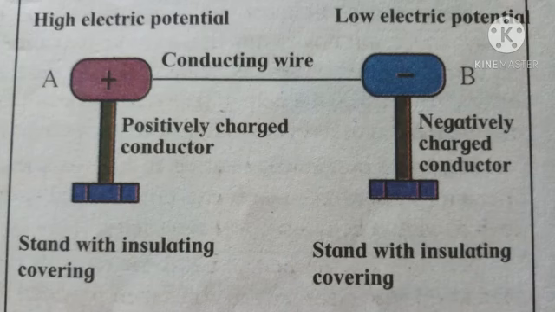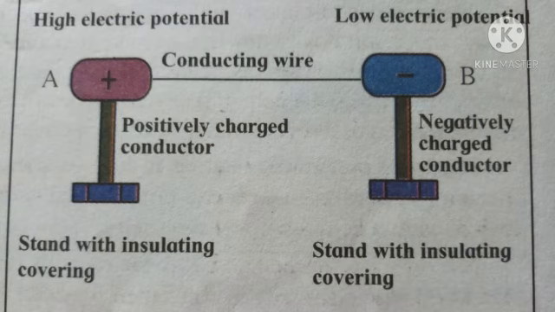In this figure, you can see conductor A is at a higher potential than conductor B. When these two are connected by a conducting wire, a potential difference is created between its two ends, and electrons will flow from B to A through this wire. This flow will continue until the two conductors A and B have the same potential.